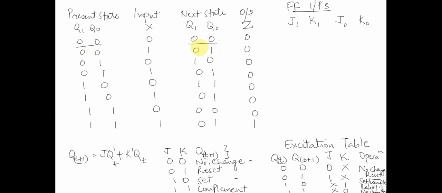So if my present state is A and the next state has to be A, we can map our states over here. This is our A state, B state, C state, D state. If Qt plus 1 has to be the same, it has to be 0x, no change operation, correct?